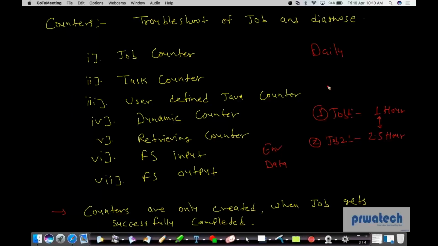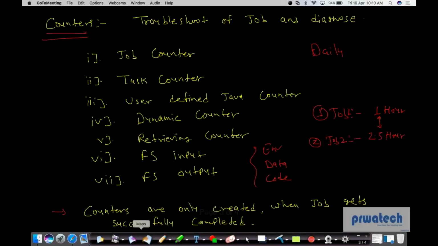When we run a MapReduce program, a Spark program, or a Sqoop program, I will show you how we can see these counters and where they are visible. Third, do we have any problem with our code? Errors and exceptions will be encountered and displayed in a log file. This is why the counter is important. Just remember this point: the question can come, what is the use of counters and how many different types of counters do we have?